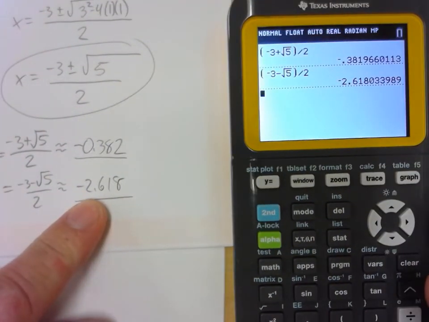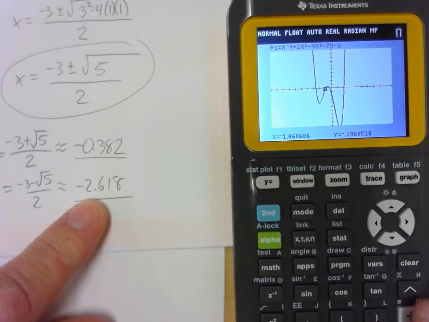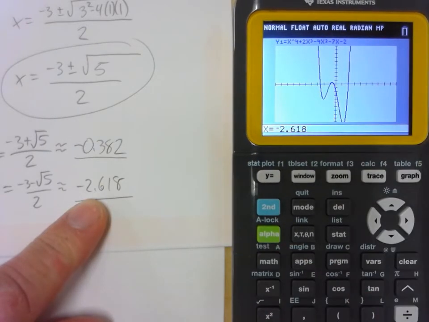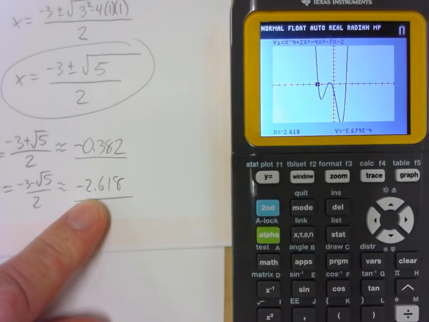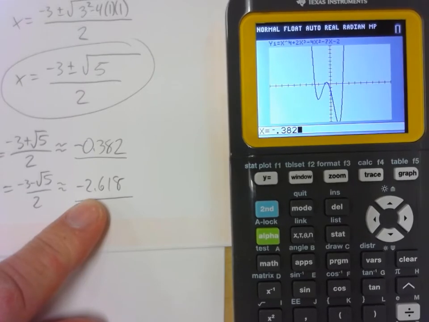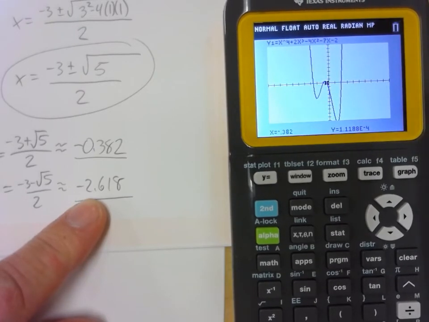So we're going to go back to the graph and then trace, and then I'm going to type in negative 2.618, and it should take me right to that location. Enter. Yep, and it's really super close to 0 because that's in scientific notation. Then the other one was negative 0.382, enter, and it takes me right there to the other 0, and you can see that's really close to 0, but with the rounding part of it.